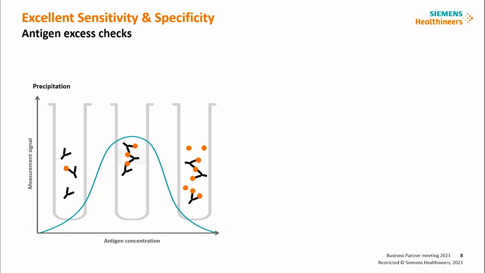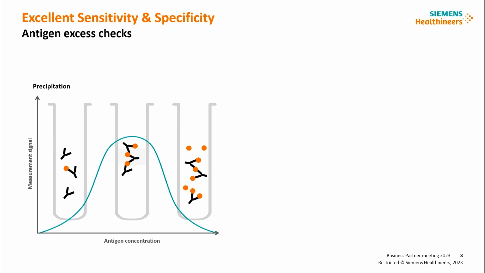The ideal reaction happens when there is a small antigen concentration, which gives a low result, and the optimum is when the antigen concentration is equivalent to the antibody concentration, giving a high result. But there is a very risky case where the antigen is in excess, or too much, which interrupts the reaction and gives falsely low results for the sample.